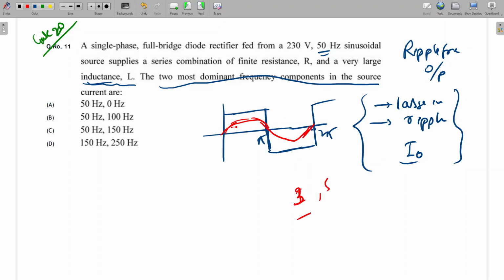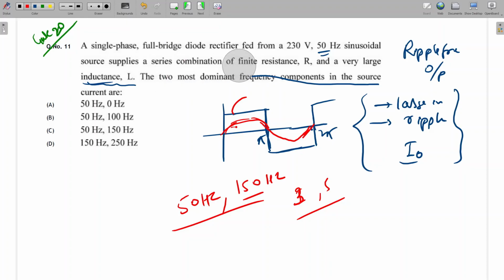Third and fifth will be there. So the dominating component in this signal will be 50 Hertz. That will be the fundamental. After that, the second dominating component will be the third harmonic, so 150 Hertz.